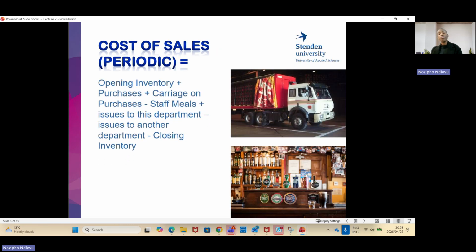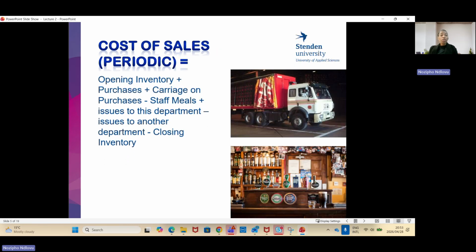So what are we going to be looking at? When we're calculating the cost of sales using a periodic method, we say opening inventory plus purchases plus carriage on purchases minus staff meals plus issues to this department minus issues to another department minus the closing inventory.